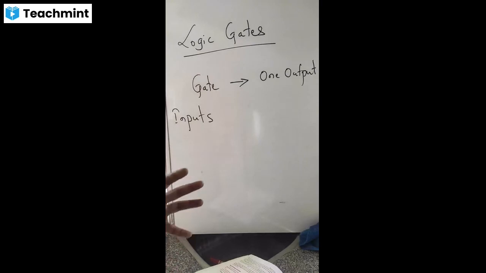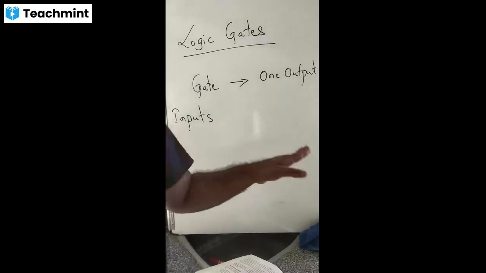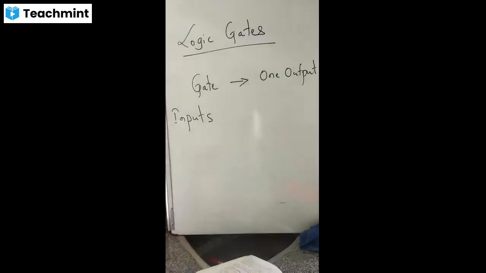Logical function means some kind of intelligent processing. After processing, whatever output comes will be given as output. Generally, logic gates are used to measure voltage. So you are going to have only one output, which represents the voltage value. You should be very careful.